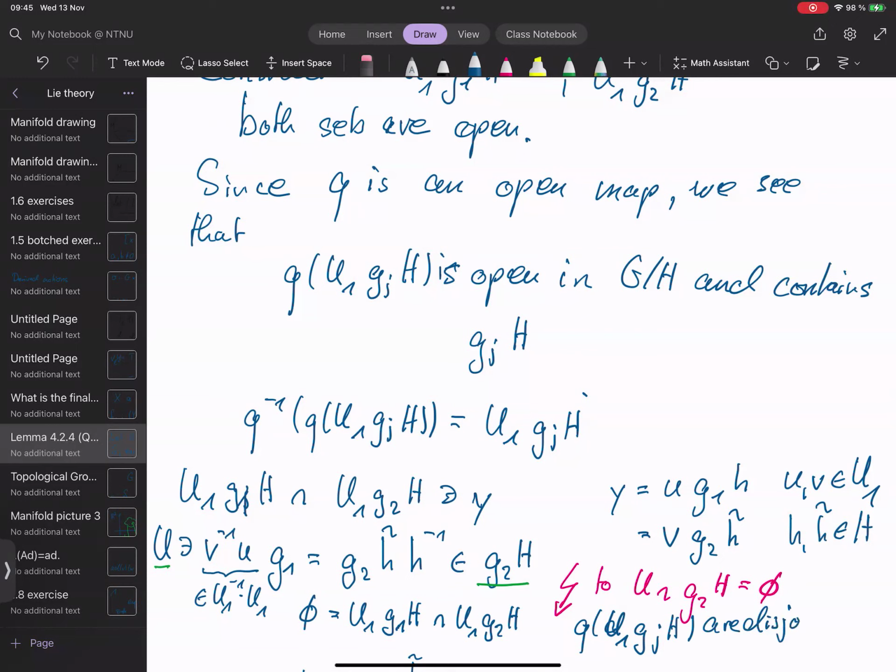And now we have established the Hausdorff property, because in a Hausdorff space we need to find disjoint open subsets which contain the two elements, namely the cosets we are looking at. Since these elements were arbitrary, we have established the Hausdorff property, and this completes the proof.